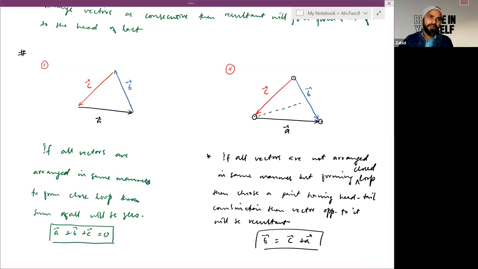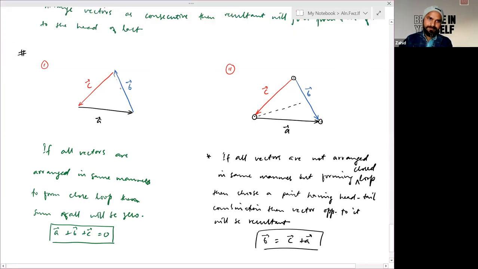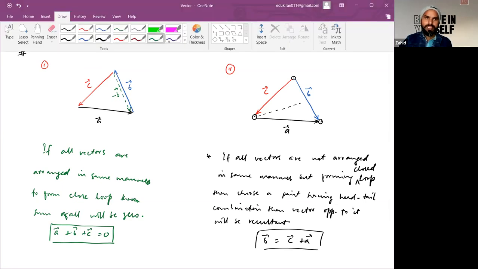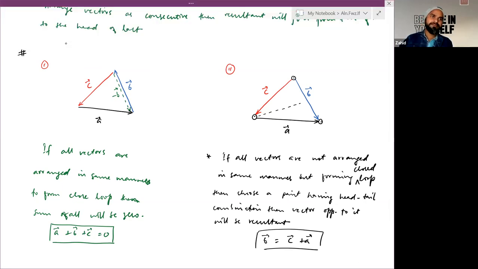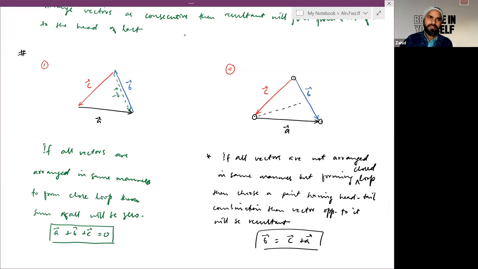Just see, if you reverse vector B from its own path, it will be like this. So this will be minus of B. Now if you point out the head and tail combination for this vector, it will be this part. So the opposite of this, minus B, will behave as a resultant of them.